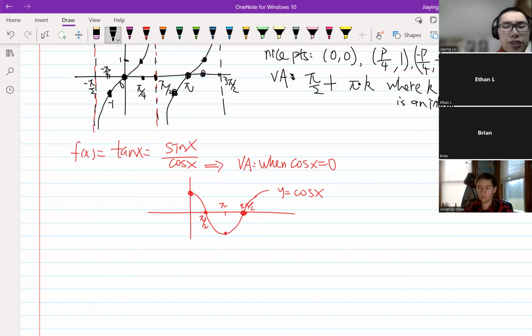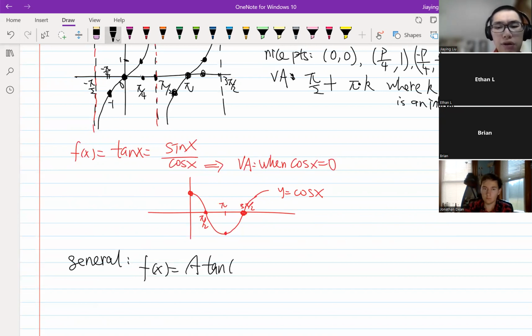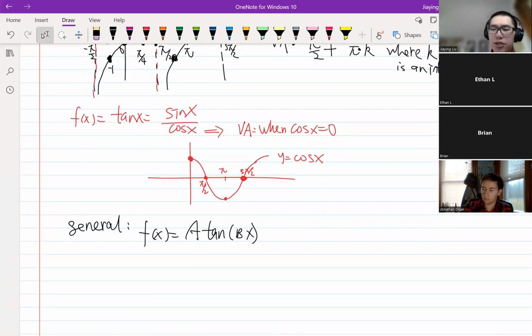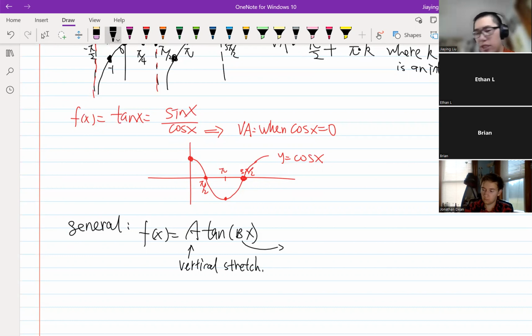And a general case with tangent would be f of x equals a tangent of bx. The a here is just going to be a vertical stretch or vertical compression. It's not quite the amplitude. And b is a constant that's going to affect the period because it's a horizontal stretch or compression.